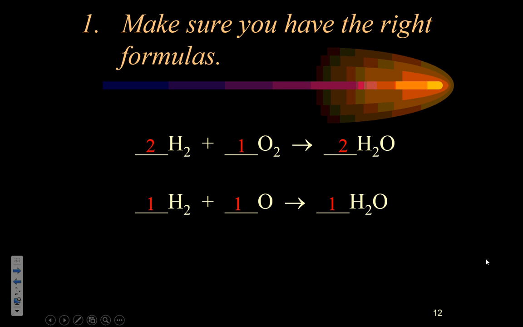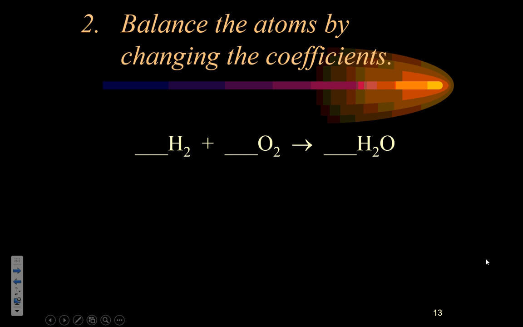That ratio is etched in stone, and that's exactly how this reaction occurs. So remember, we're not making something up. We're discovering how it really exists in the real world. And 1 to 1 to 1 is not how this reaction will occur in the real world. So that bottom reaction, completely invalid, simply because it doesn't have the right formulas and therefore it doesn't express how the reaction really occurs in the real world.